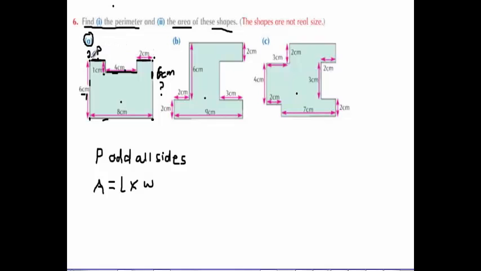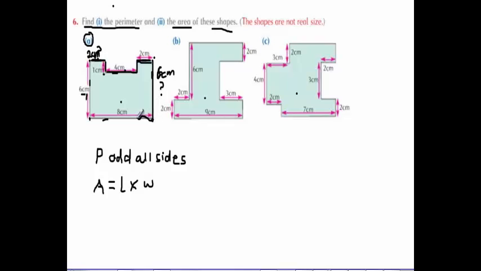So I now know my value for this part of my shape, and now I can add all my perimeter together. So I'm going to start over here. I'm going to say 6 plus 2, and that's 8, and this is 9. 9 plus 4 is 13. 13 plus 1 is 14. 14 plus 2 is 16. 16 plus 6 is 22.